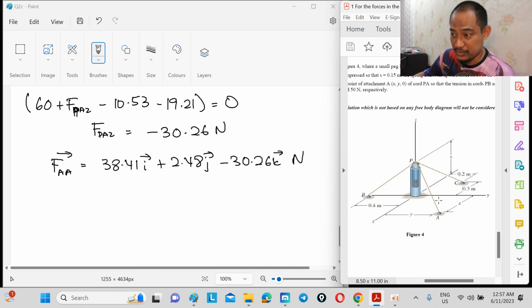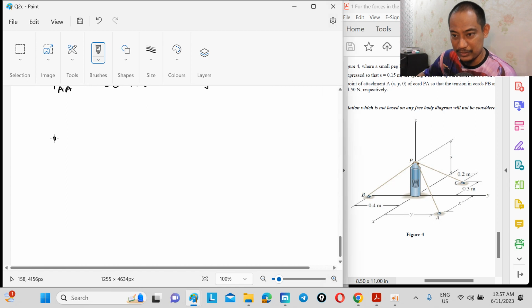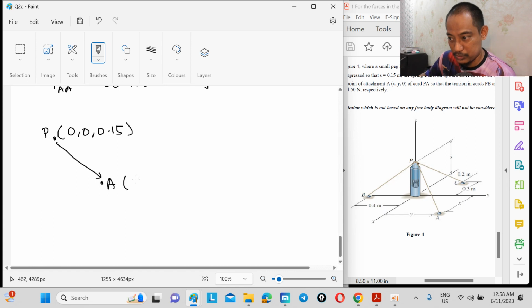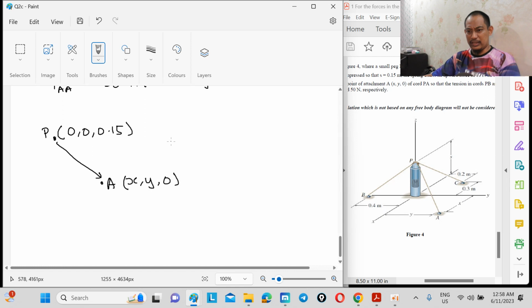Now the case here is because we do not know the coordinate. The interesting part here is we have point P, which is 0.15 given there, to point A, which is x, y, 0. Now you can get R here.